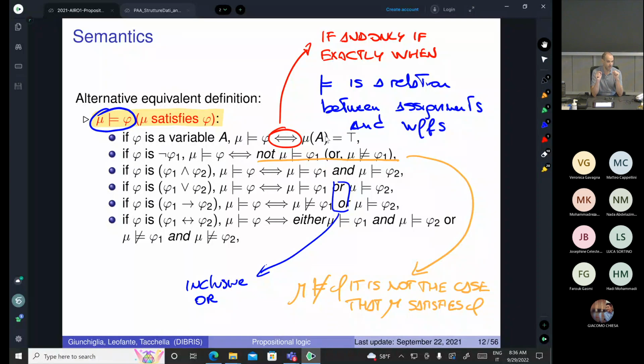Remember that we are dealing with inclusive OR. So when we write OR, we mean something that is false only when both arguments are false. We are dealing with material implication, so it's the kind of implication which is false only if the antecedent is true and the consequent is false.